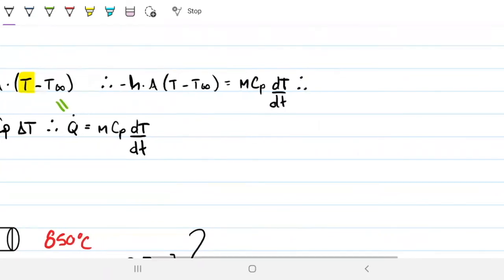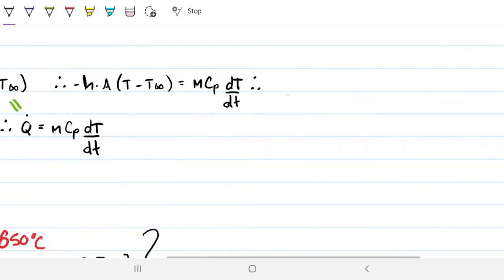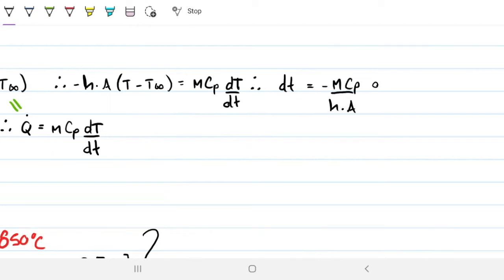From here, you can choose whatever you find best, but I'm going to leave dt on its own on that side. And I'm going to have minus hA over mass times C sub P, times dt, equals dT divided by T minus T infinity.